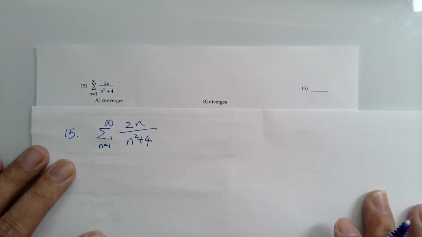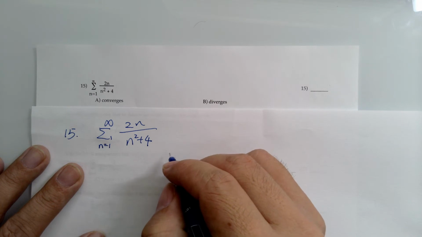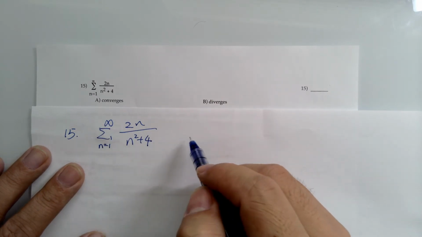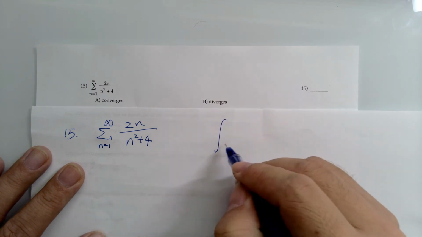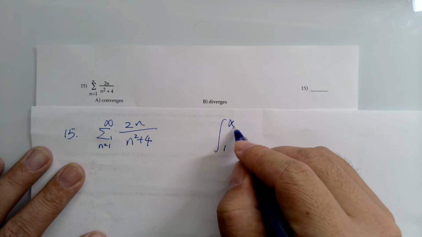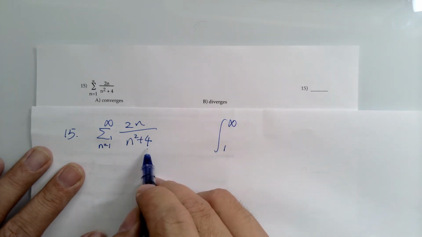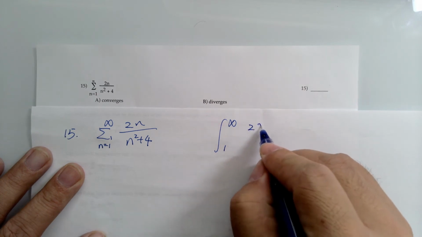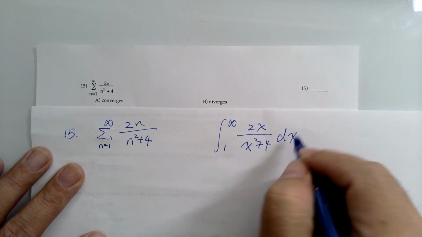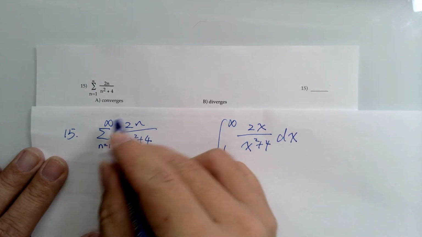The integral test converts the series into the corresponding integral. In other words, n goes from 1 to infinity, and the integral limits go from 1 to infinity. I have 2n over n squared plus 4, then I have 2x over x squared plus 4 dx.